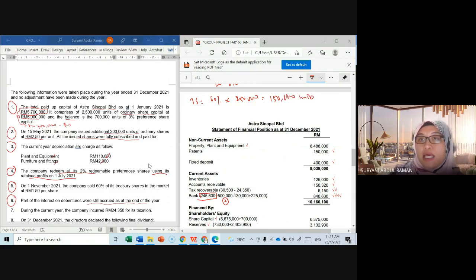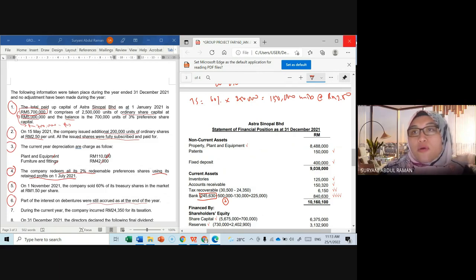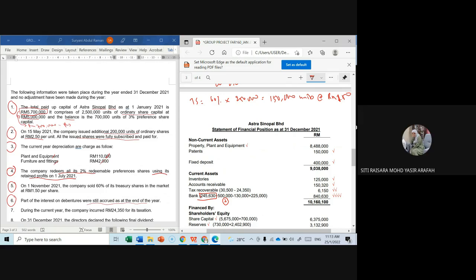How much do you sell? How much is the issue price? RM2.50, right? Right? RM1.50, I misread. It felt a bit strange. RM2.50 earlier, right? Okay, how many ringgit do you get in total? How much? 45,000.